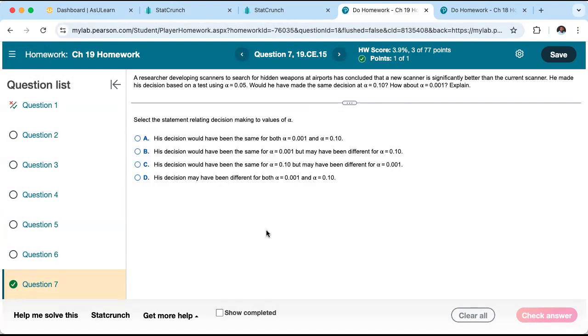I'm going to give you a minute to read this problem. When you read it, what I want you to tell me is, what did the researcher do? Did he reject or fail to reject, and why? So read question 7, and then let's try to answer that.